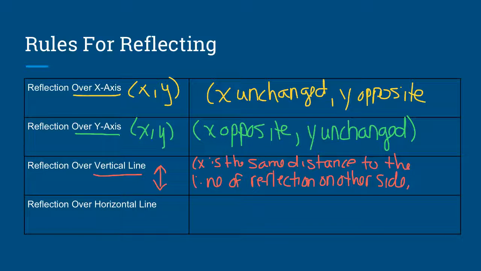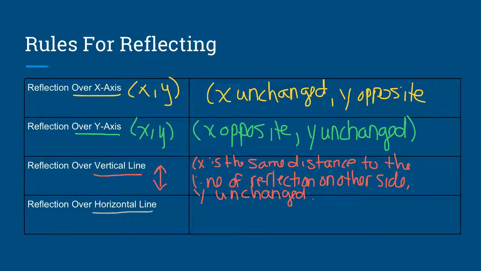And your y-coordinate will be unchanged. So what you're going to do is take your ordered pair, count to the line of reflection, and then count that same number on the other side and plop it down. Don't shift it up or down, just move it left or right.